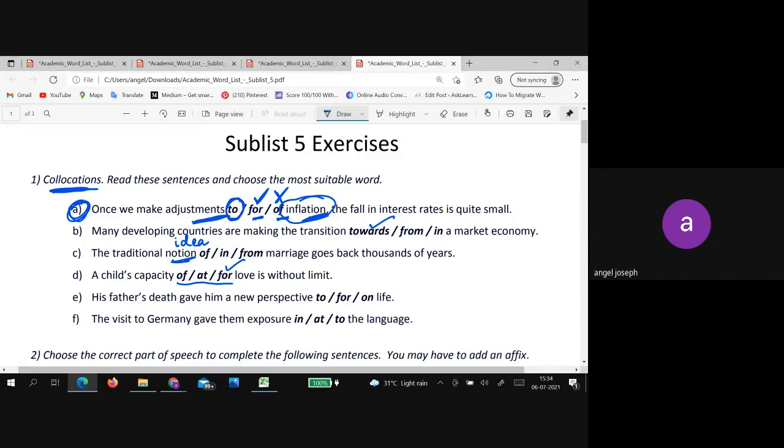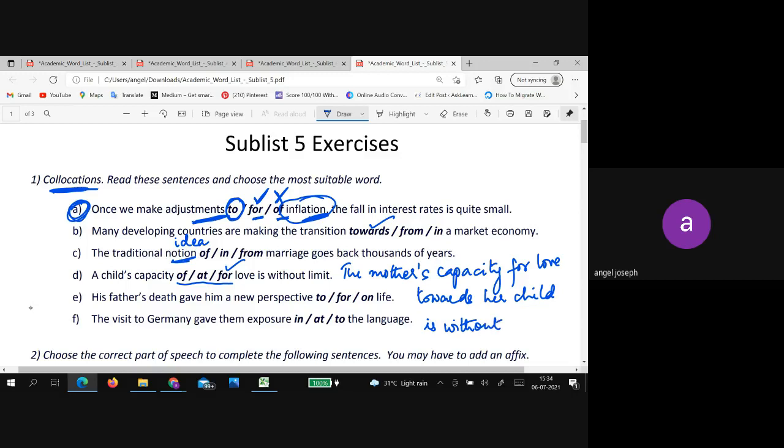Ma'am will bring in one more change to this sentence. The mother's capacity for love towards her child is without limit.